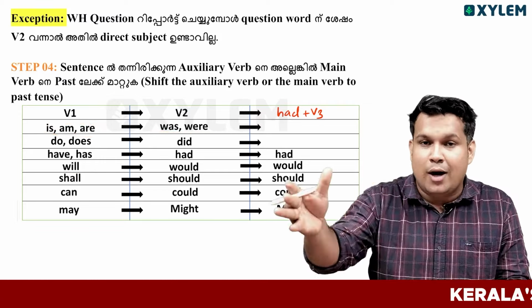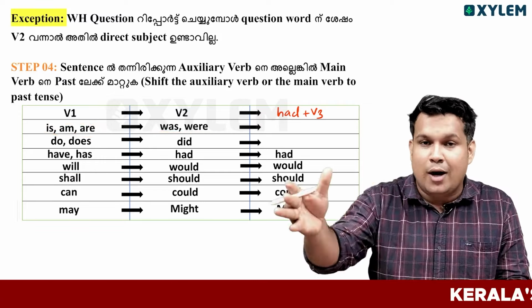And all the others are written or mentioned here for you. So have a thorough look at it. Will be converted into would, shall to should, can to could, may to might. And what about these past auxiliary verbs? If it is would, there is no conversion needed because it's already in the past. So would will remain as would, and should will remain as should, and could will remain as could, and might will remain as might. So these are the rules.